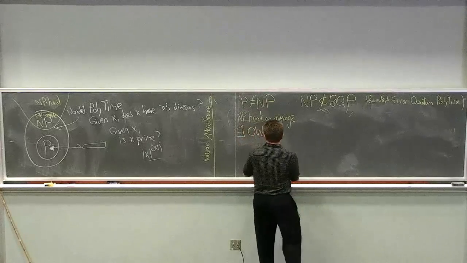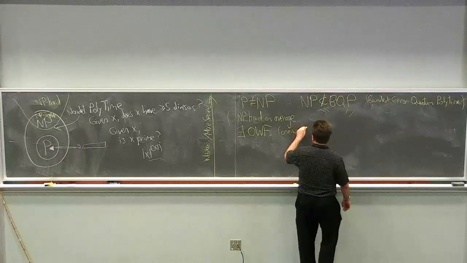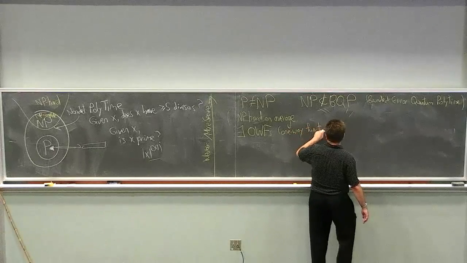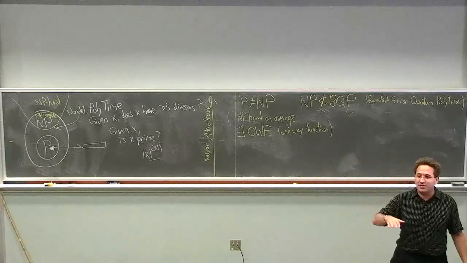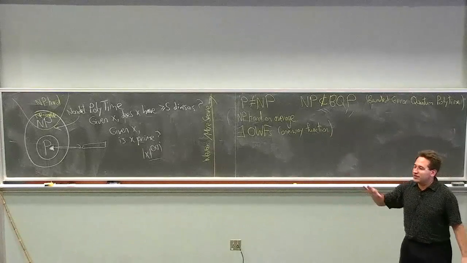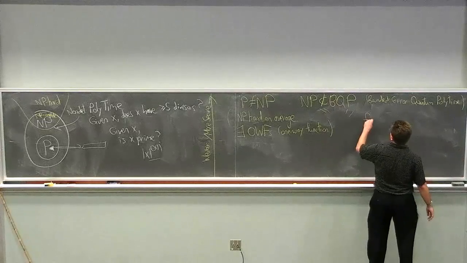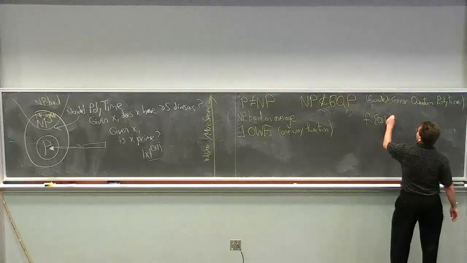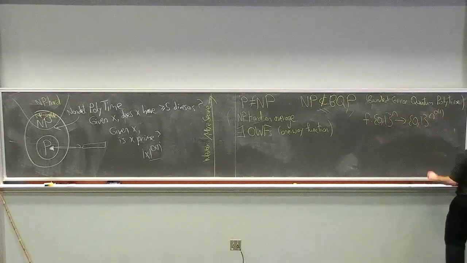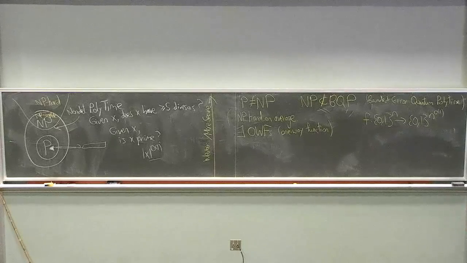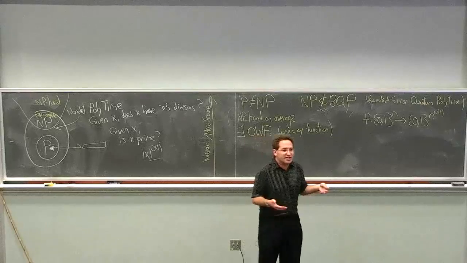Now, going to a stronger assumption, you can conjecture that there exist what are called one-way functions, or OWFs. So what is a one-way function? Intuitively, it's just a function which is easy to compute but hard to invert, meaning hard to find any preimages. A one-way function is a function f that maps n input bits to some polynomial in n number of output bits. It's an infinite family of such functions, one for each n.